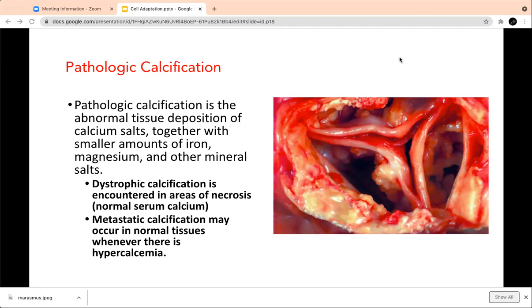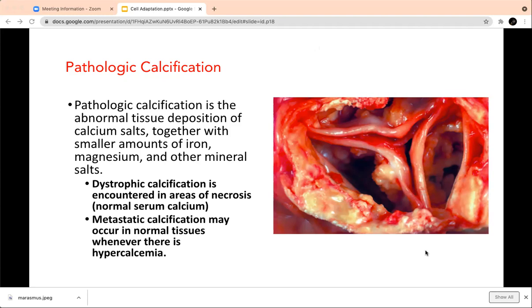Alright? So, remember that normal yung serum calcium nito. Walang hyperparathyroidism. Walang hypercalcemia. Okay? Just present in your areas of necrosis. Alright? Okay. So, next is your metastatic calcification.